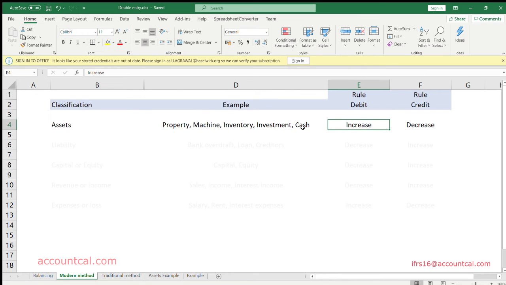When you pay anybody cash of say 3000, you credit cash by 3000 because it decreases the cash. So remember this, these rules relate to assets. If any asset increases, you debit. If any asset decreases, you credit that asset.